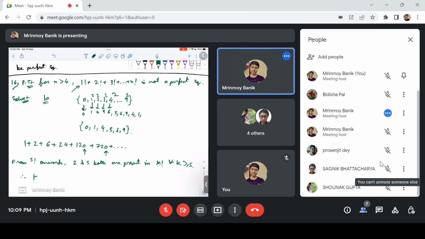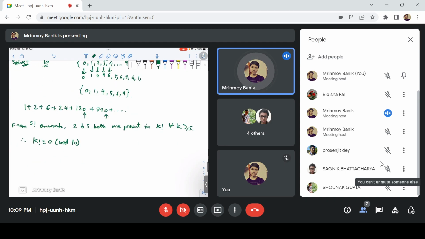Therefore, k factorial is congruent to 0 mod 10. So the remainder is 0 when divided by 10. So the first 4 terms only contribute to the units digit, and that's 1 plus 2 plus 4 plus 6. So that's 33, I guess. The unit digit is 3.